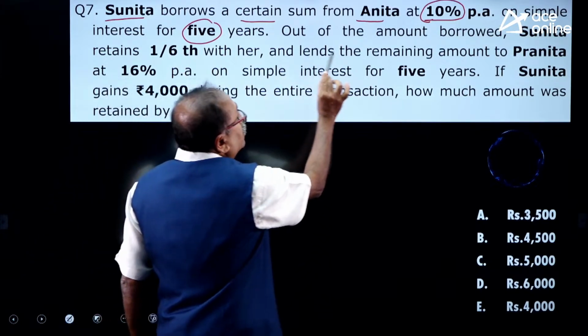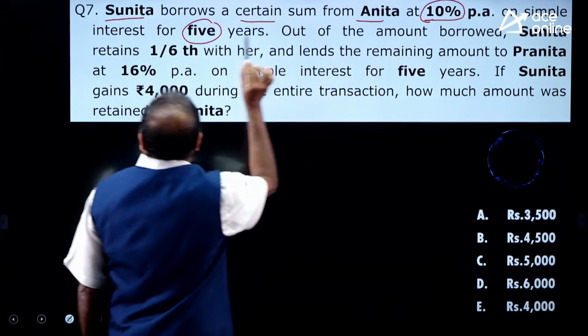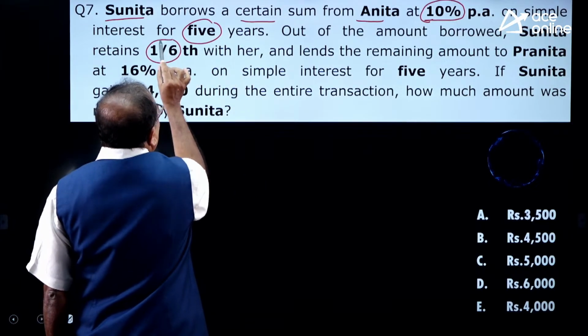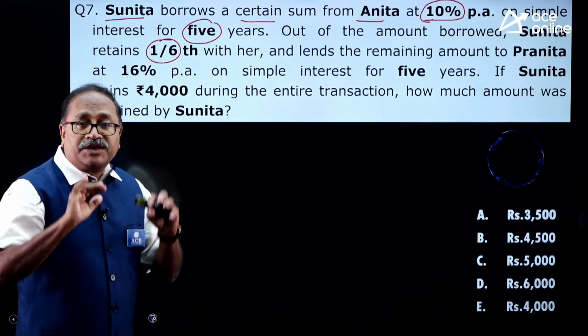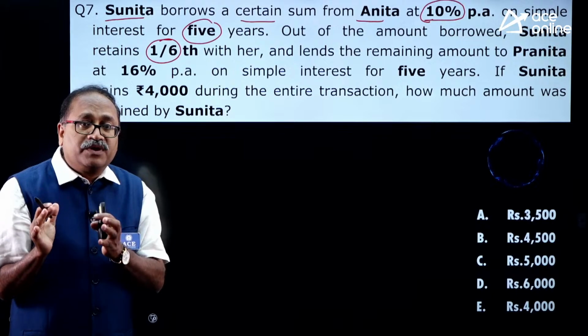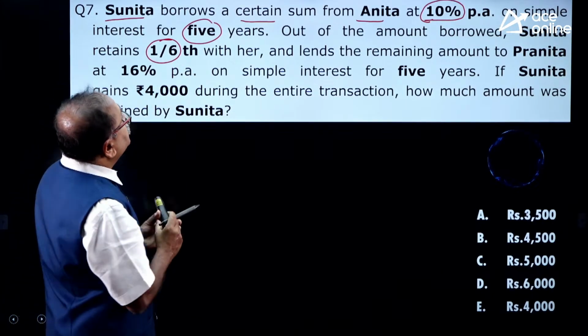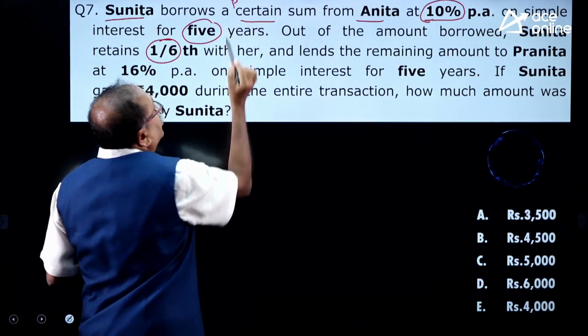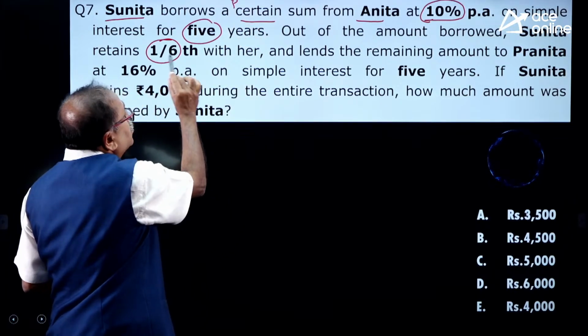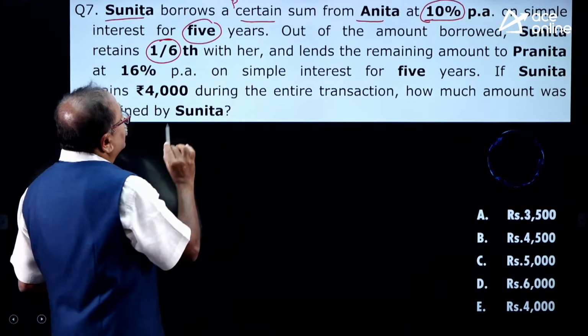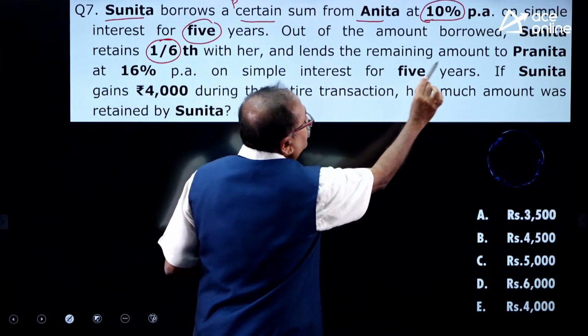Out of the amount borrowed, Sunita retained 1/6 of the sum. Retained, she kept with herself 1/6 of the principal. If she borrowed P, then she kept 1/6 of P with herself and lent the remaining amount.